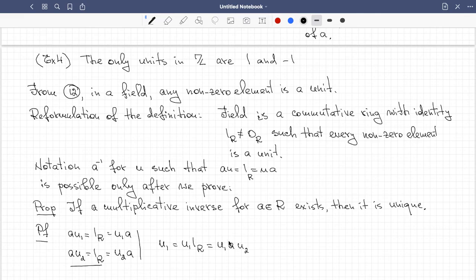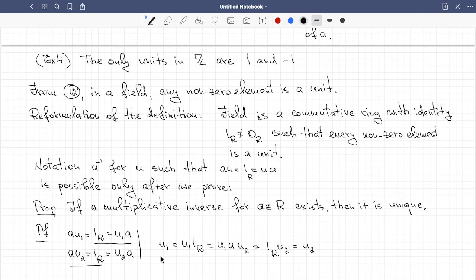Now, in fact, there should be parentheses here, but we use associativity, which simply lets us write it as a product of three, and again use associativity to associate first u1 and A. u1 A is the identity from here. Then identity times u2 is u2 by the requisite property of identity.